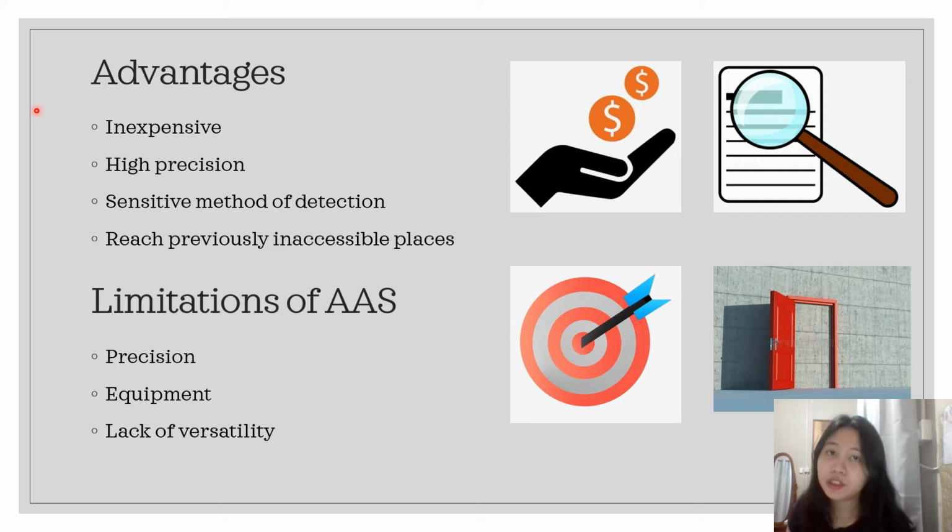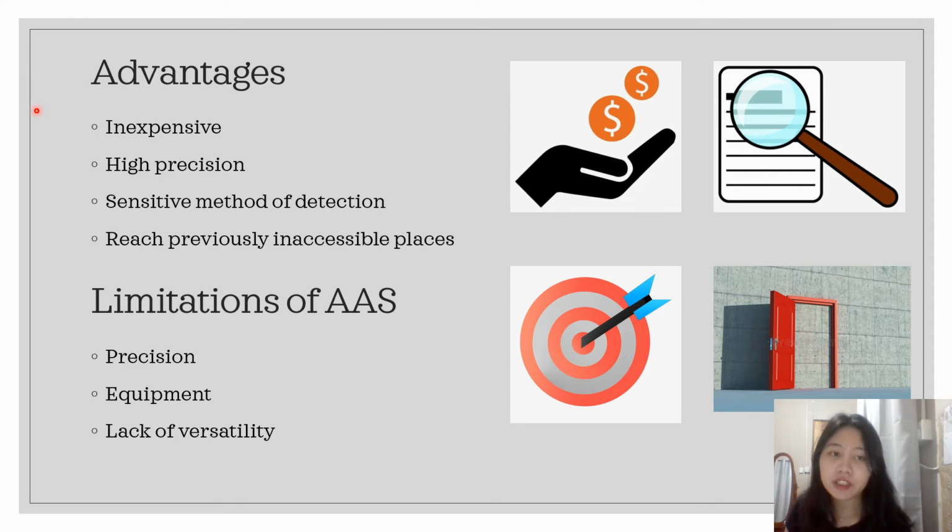The precision here is based on the accuracy of the results, where it normally has an error rate of 0.5 to 5%. And it can get a better rate if appropriate standards are used.